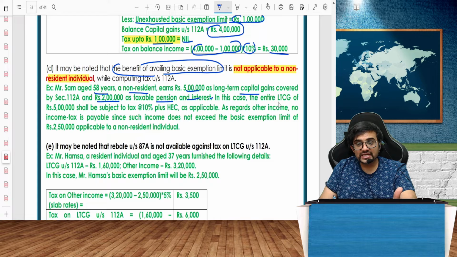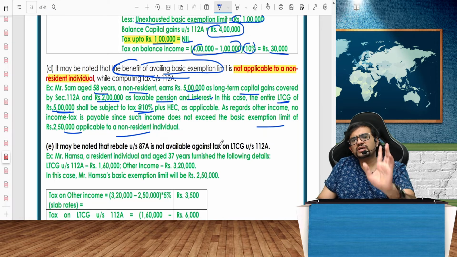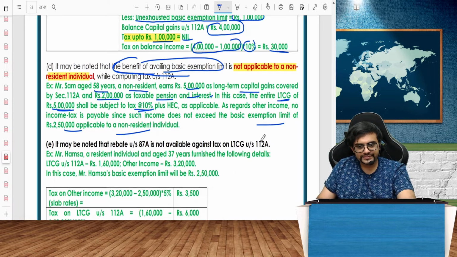In this case, the entire LTCG of 5 lakh shall be subject to 10%. As regards other income, no income tax is payable since income does not exceed the basic exemption limit applicable to non-resident individuals. So the basic exemption limit benefit for capital gain is not applicable to a non-resident.